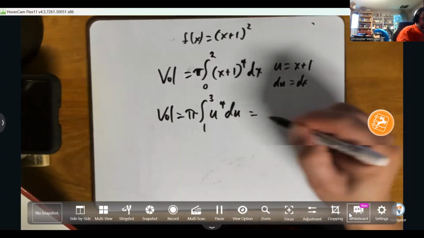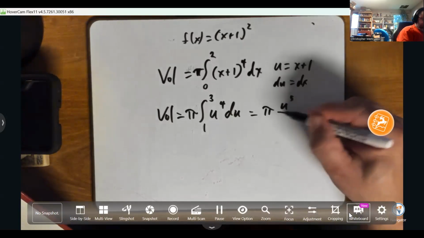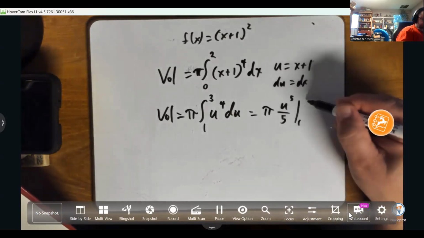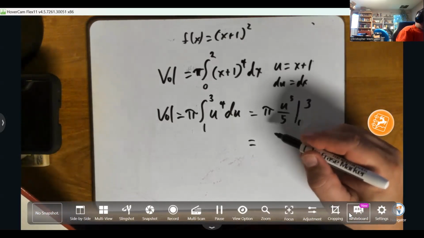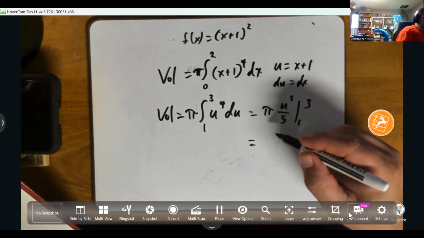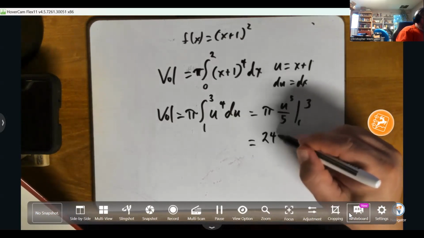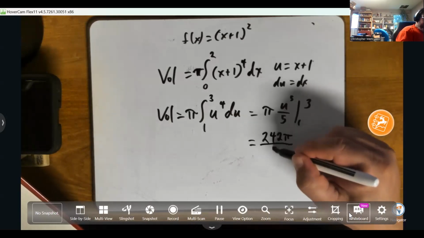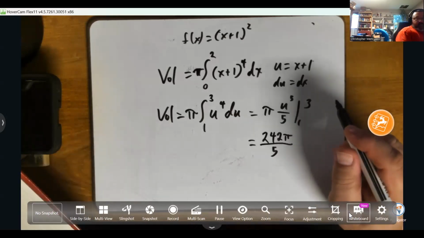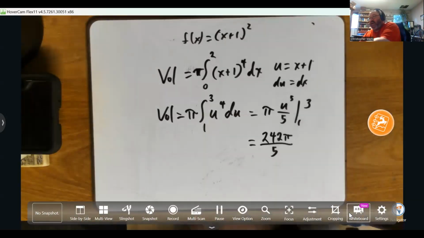Okay, and so that is pi times u to the 5th over 5, evaluated between 1 and 3. And that will give you 242 pi over 5 as your final volume. Okay, so that is the disk method.